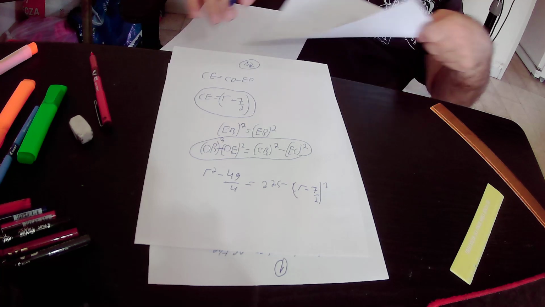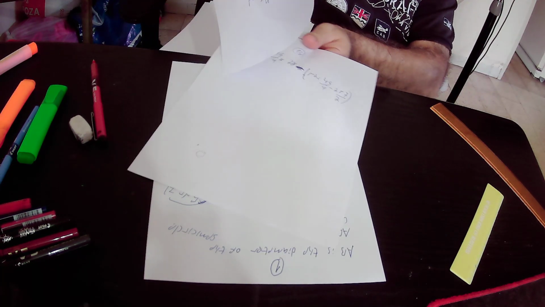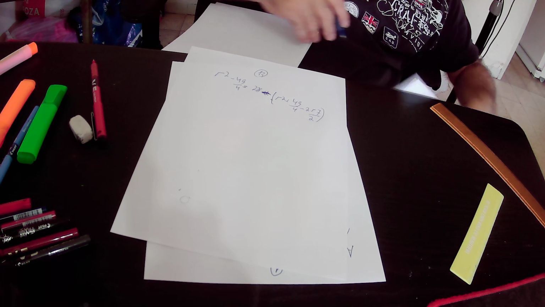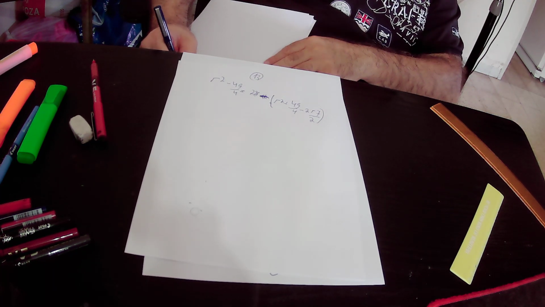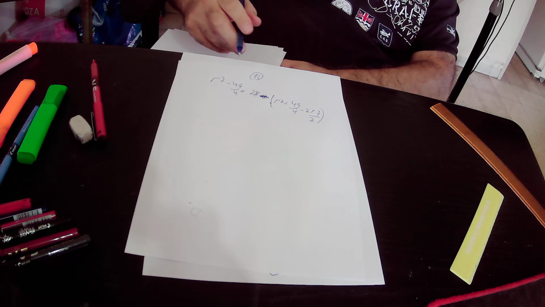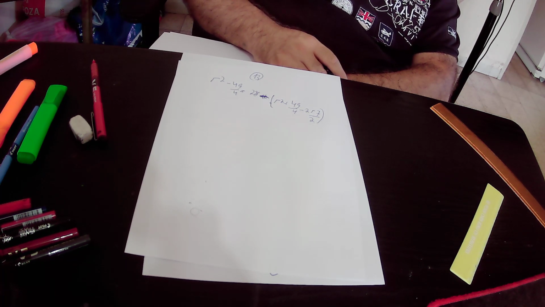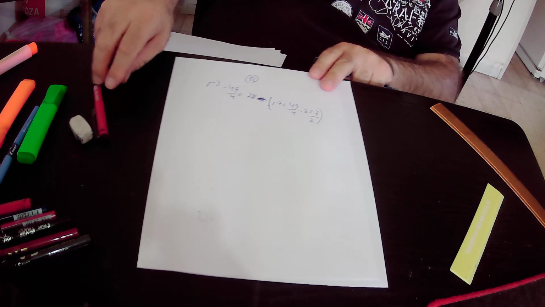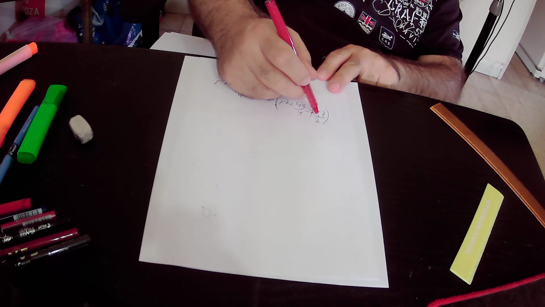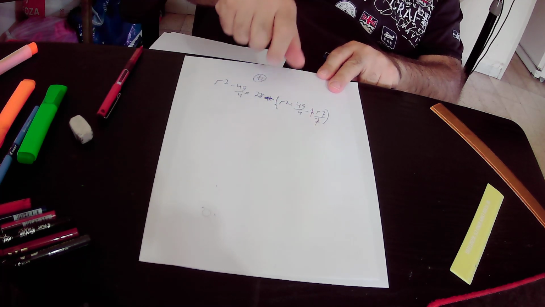So in total, we got this equality: R squared minus 49 over 4 equals 225 minus R squared plus 49 over 4 minus 2R times 7 over 2. Here 2 over 2 is 1, so 2 is cancelled.